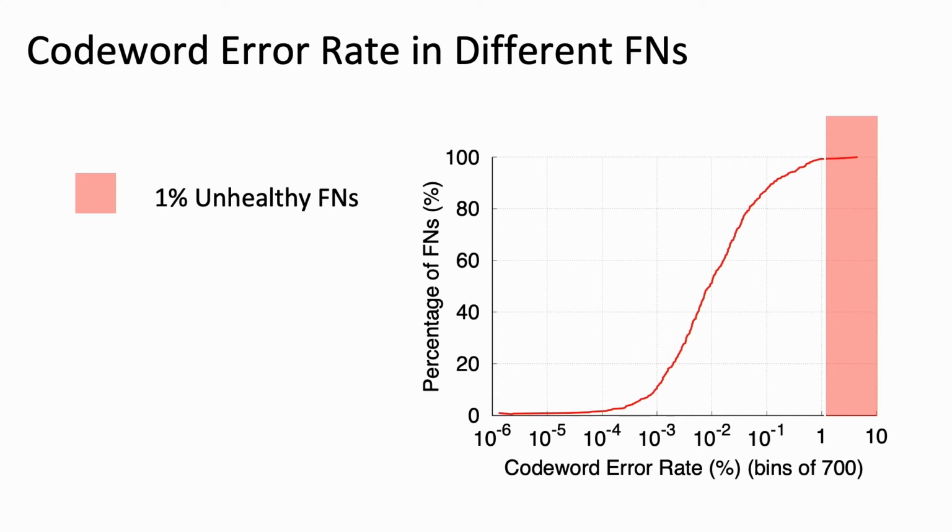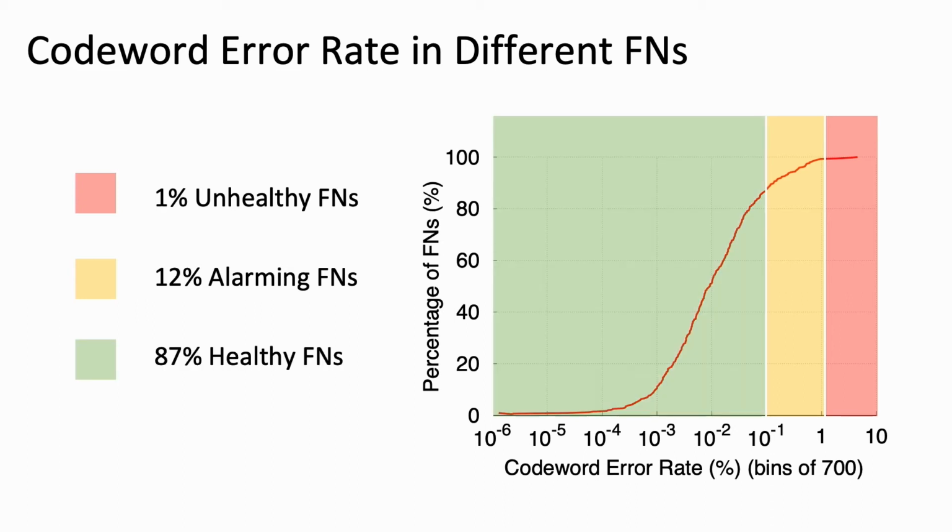We define these FNs as unhealthy FNs. There are 12% of FNs whose average code word error rate is between 0.1% and 1%. We define them as alarming FNs. Finally, more than 87% of the FNs have a code word error rate lower than 0.1%. We define them as healthy FNs. Here, the 0.1% and 1% thresholds are recommended by our cooperating ISP.